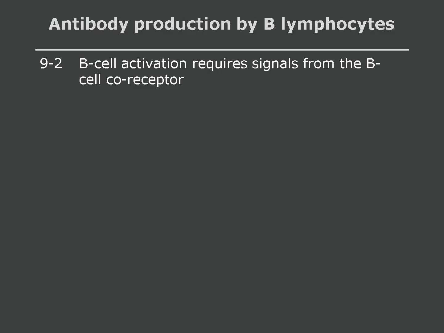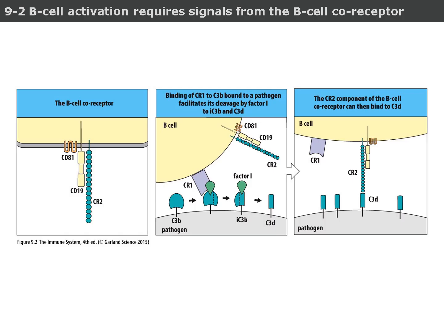B cell activation requires signals from the B cell co-receptor. In addition to antigen binding, B cell activation also requires input from the B cell co-receptor. This co-receptor complex is made up of three key components: CD19, CD81, and CR2. Here's how it works.